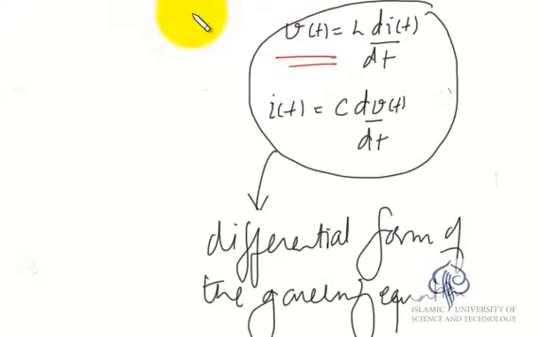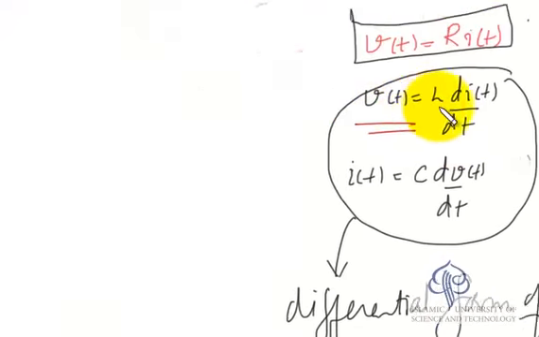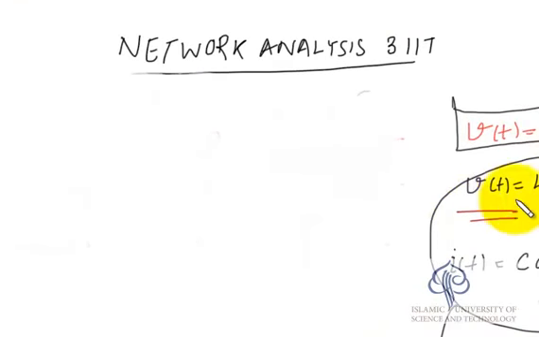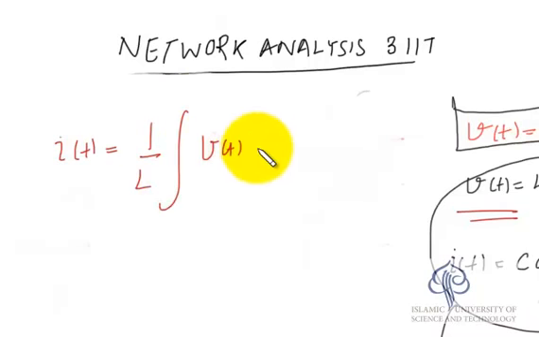You can write it by taking dt on the left hand side, dividing by L, and then integrating. You can write i(t) is equal to 1 by L integral v(t) dt.